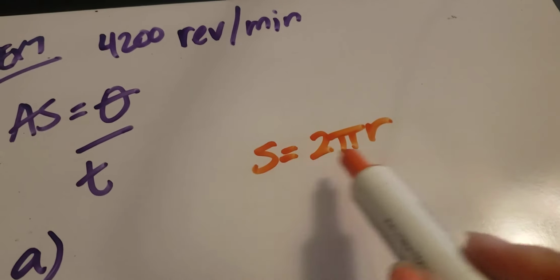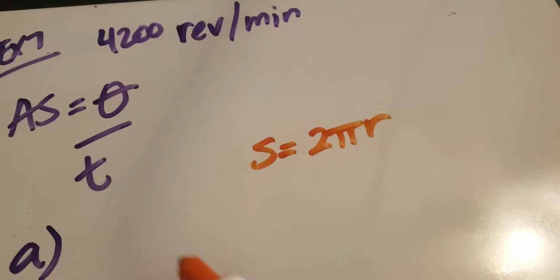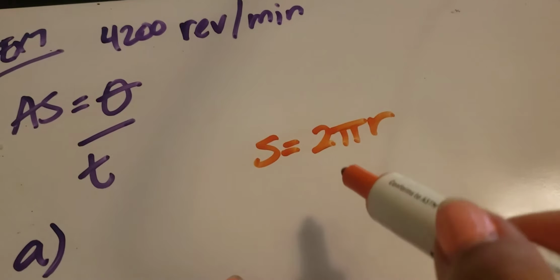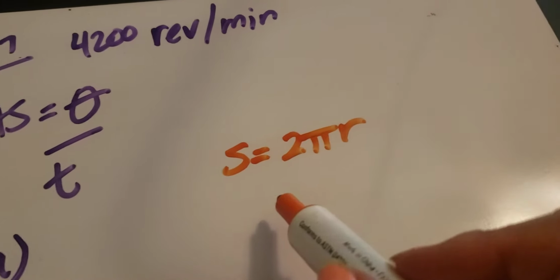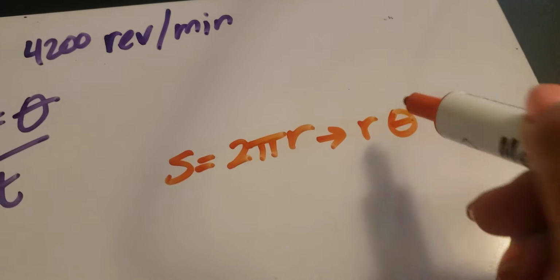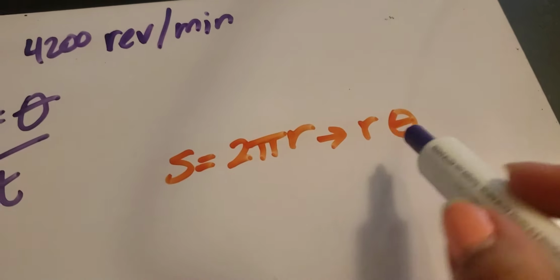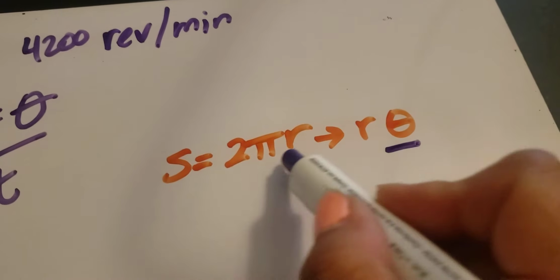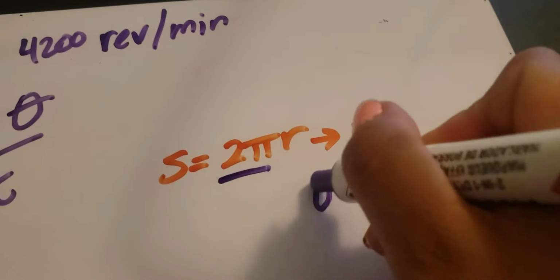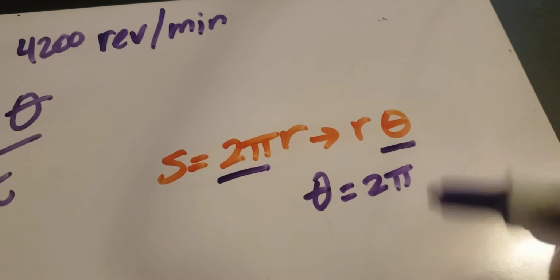Remember, it's the same as the circumference because you're going around the entire circle. So 2 pi r, okay? But don't forget that the arc length is also the same as r theta. So if it's the same, then you have to imagine theta must be 2 pi, okay? So remember that. Theta is 2 pi.